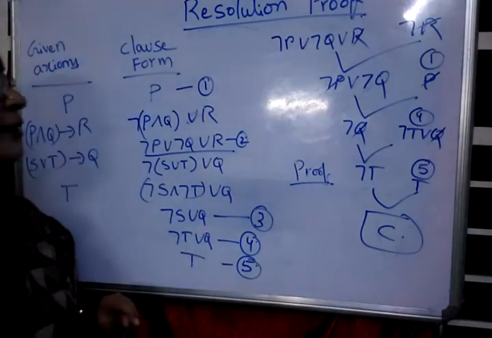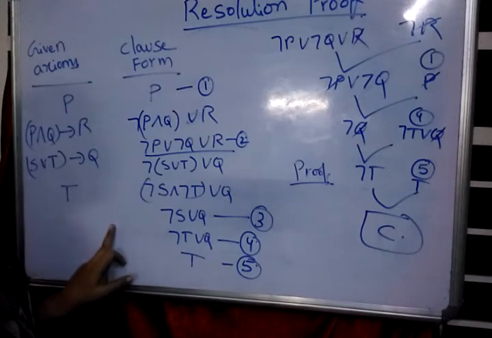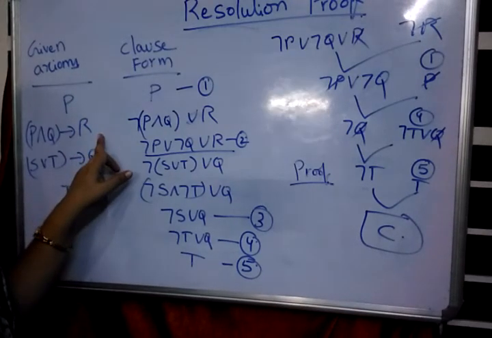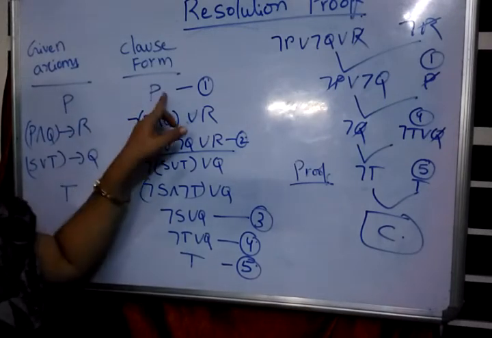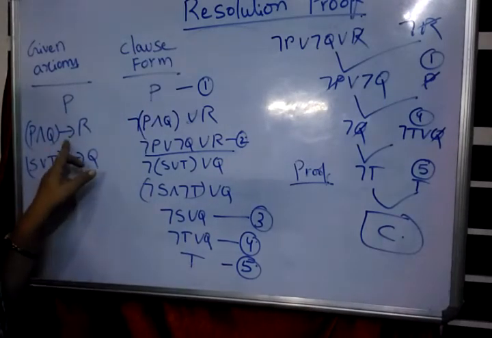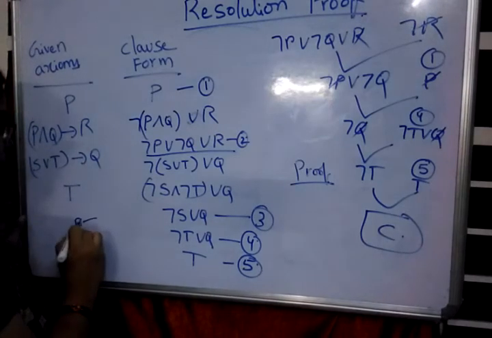Once again, I will explain this. These are the set of axioms: P, and P and Q implies R, S or T implies Q, and T. P and Q implies R we have converted into clause form.